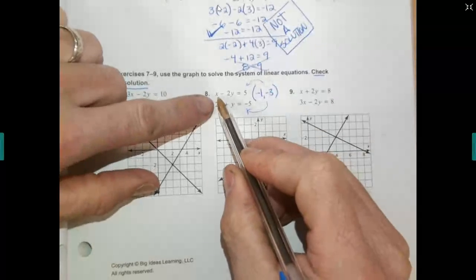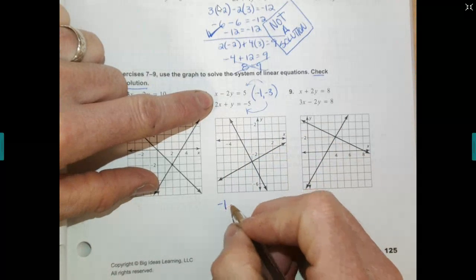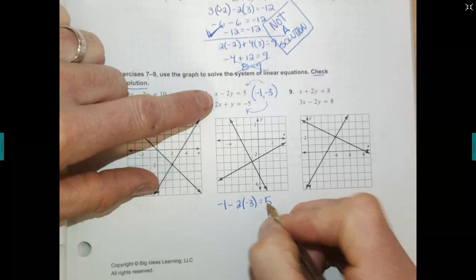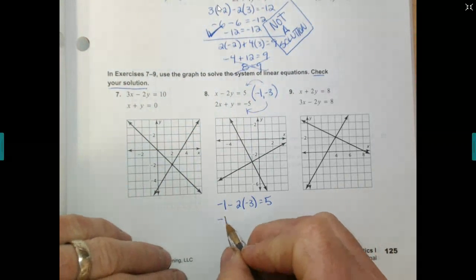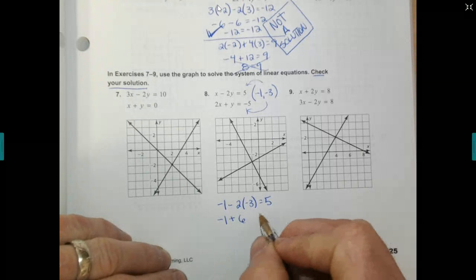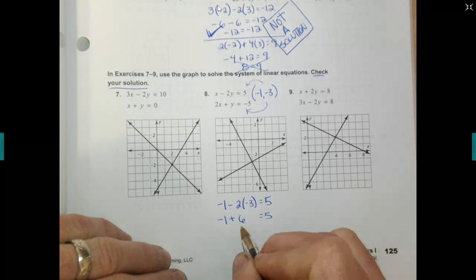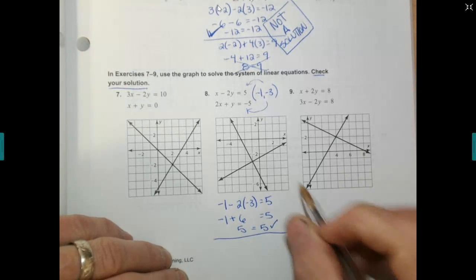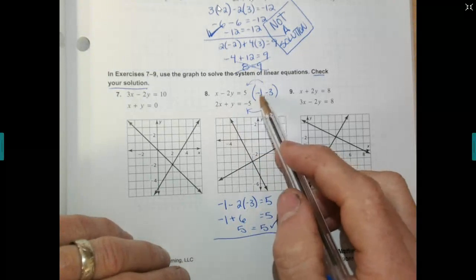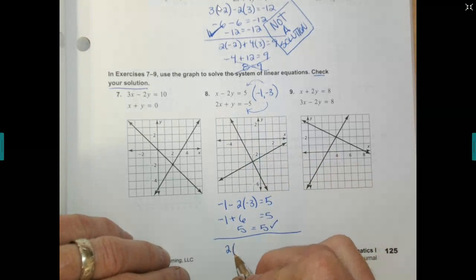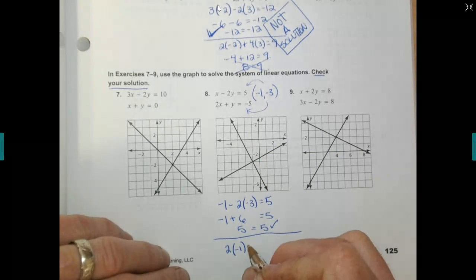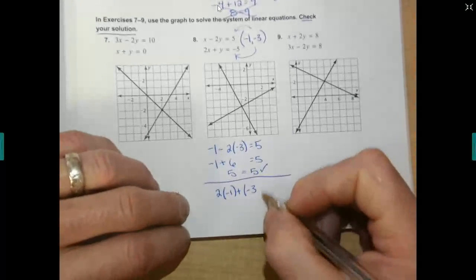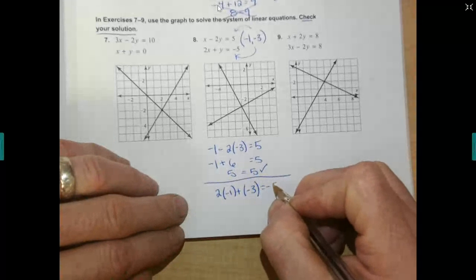So x, which is negative 1, minus 2 times negative 3 equals 5. Negative 1 plus 6 equals 5. 5 equals 5, so that checks out. Now I'll go to the second one, 2x plus y. So 2 times negative 1 plus a negative 3 equals negative 5.